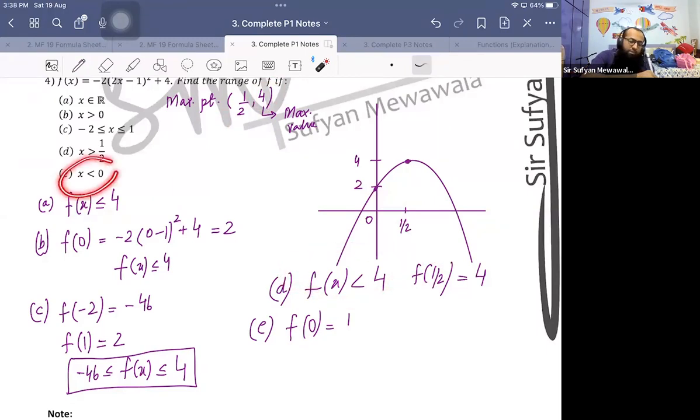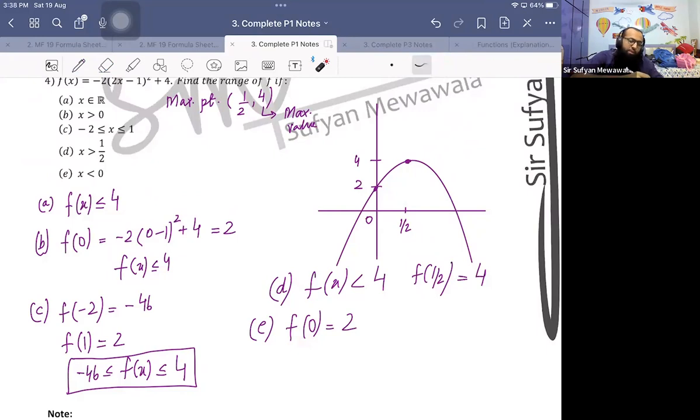Now, if you talk about x less than 0, then substitute the endpoint. If we substitute 0, we get a 2. My bad. If I substitute 0, we'll get a 2.